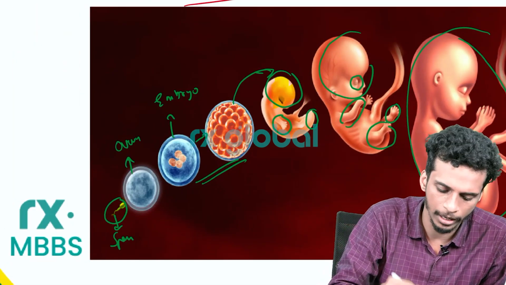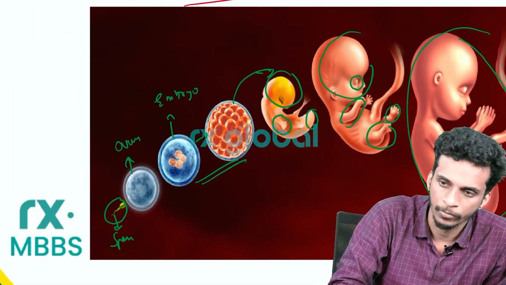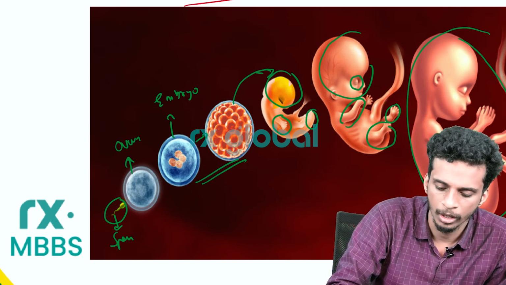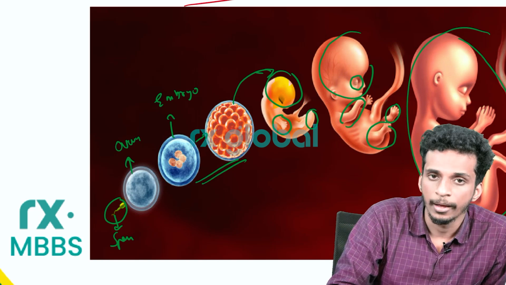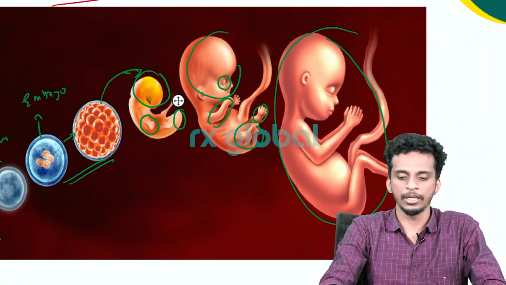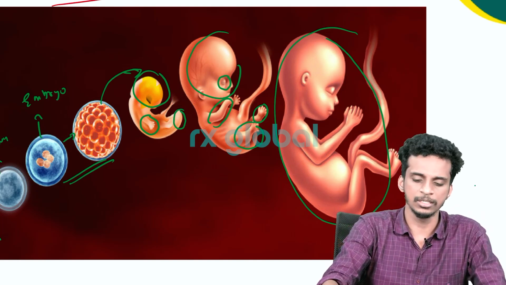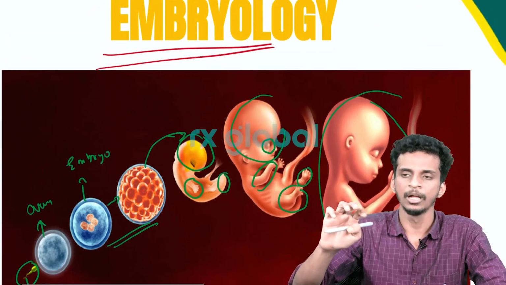So from the point of fertilization of a sperm to ovum, to an embryo, to different cell stages of an embryo, to something looking like a human baby, to a proper baby, this is what we learn in embryology. This is just the most simple pictorial representation.